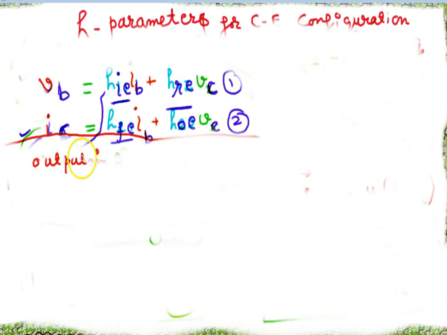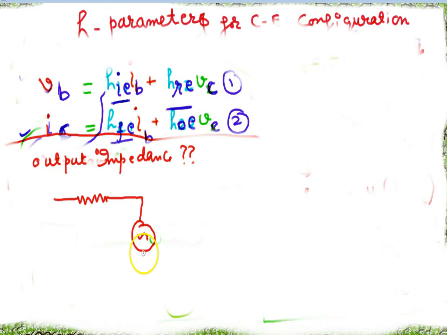Now we find output impedance. This is the equivalent circuit of the H parameter.